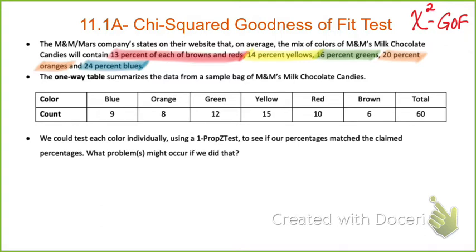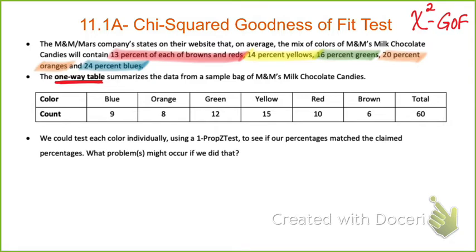So you go and you get a bag of M&Ms. And you open the M&Ms, and here you have a one-way table. This is a one-way table because it's literally just one row of information, and it's just giving us a count or a number of the colors.